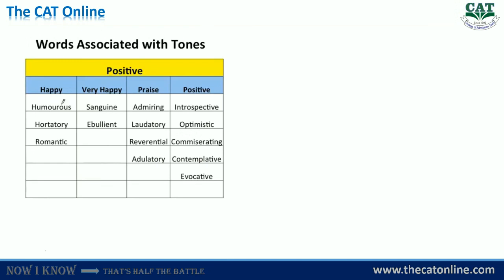For example, a statement like, Sanya was in Eden's garden as she received her perfect calculus sheet back. So Eden's garden is a very highly elated state. This is an ebullient tone, wherein we are showing how happy she was. She was very, very happy. So she was ebullient, right?